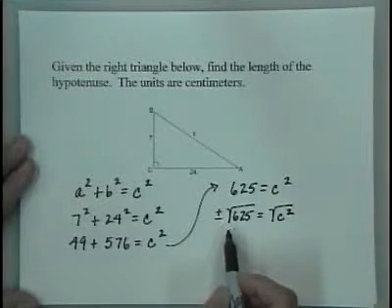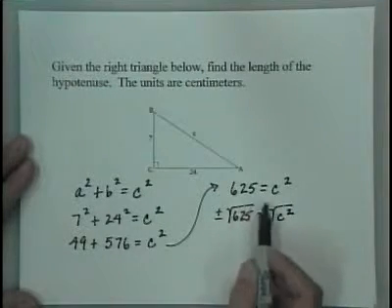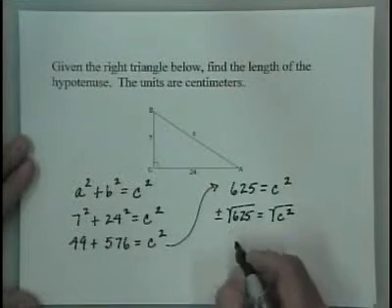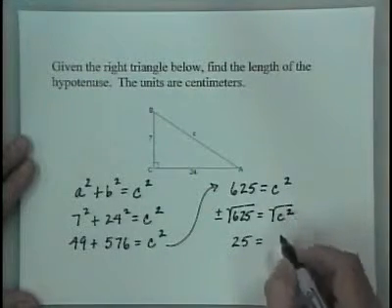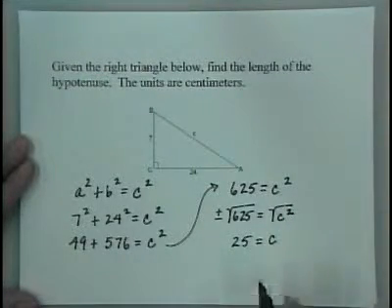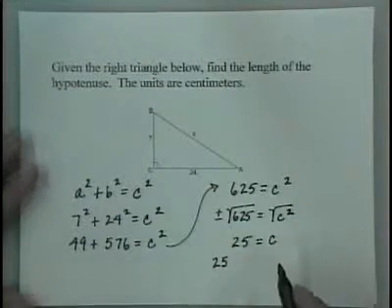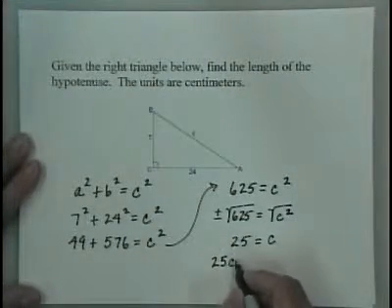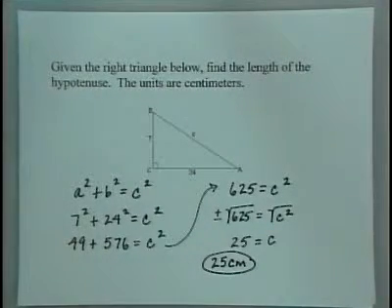However, since I'm looking for a side of a triangle, I can drop the minus version of the solution. The square root of 625 is 25, and the square root of C squared is C. So the length of the hypotenuse is 25 centimeters.